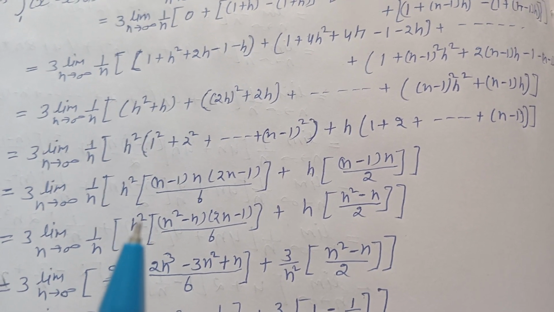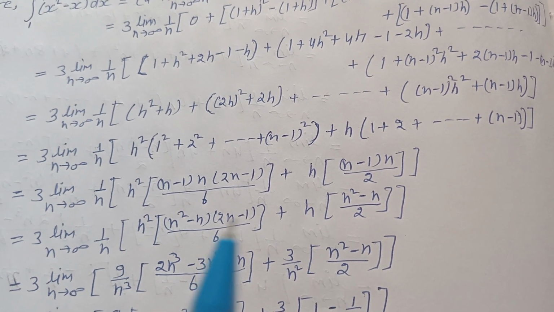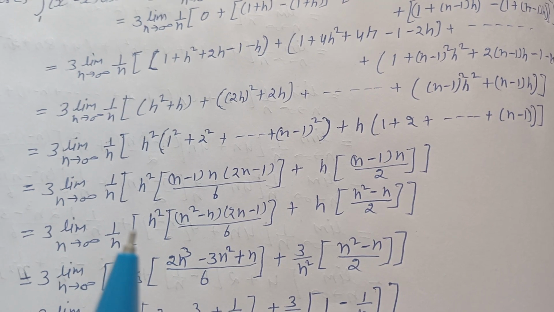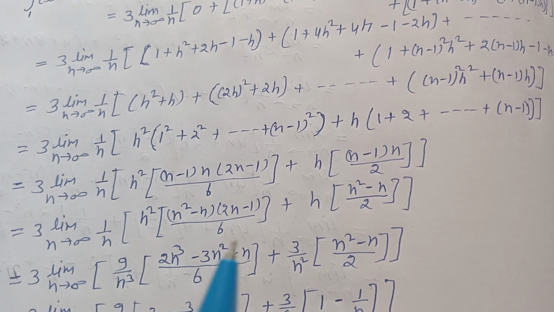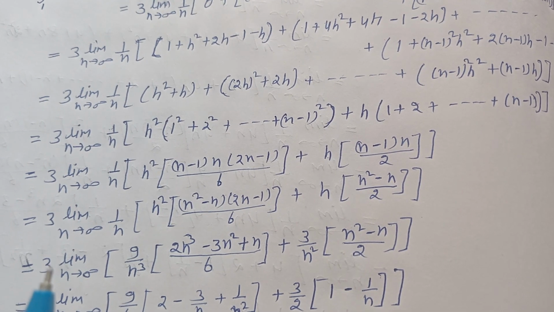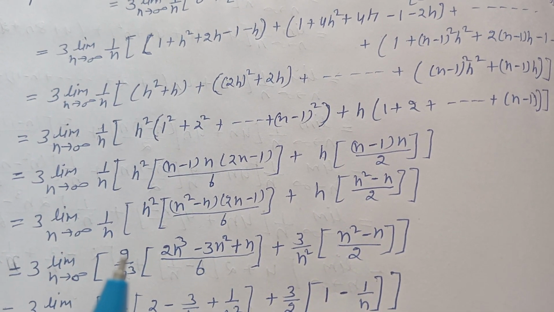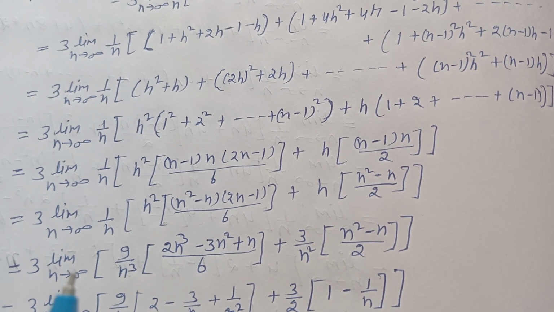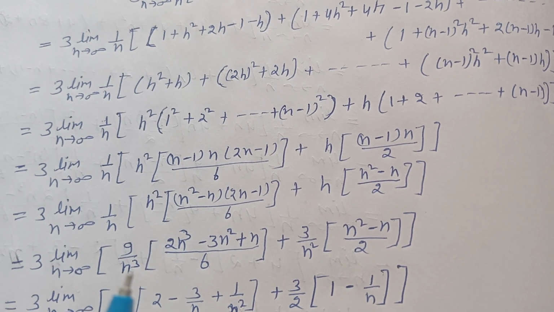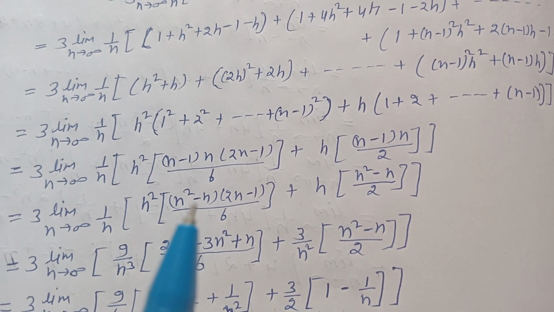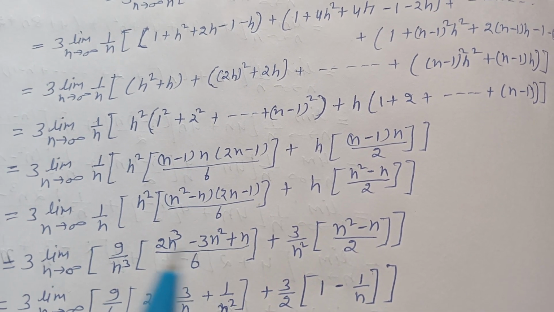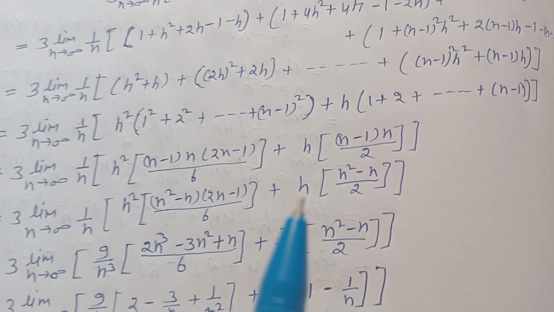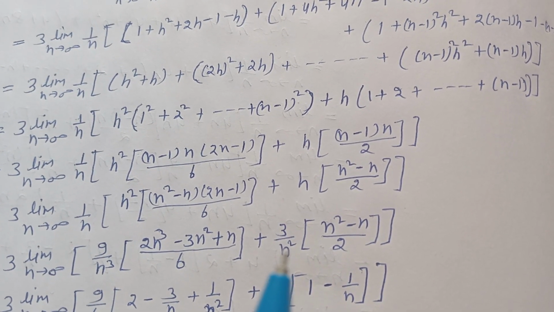Here put the h values in these two terms, so h value is 3 by n, and 1 upon n multiply inside the bracket, so it is equal to 3 limit n tends to infinity h square means (3 by n) whole square is 9 by n square, and 1 upon n multiply inside, so 9 upon n cube, and (n square minus n) multiplied to (2n minus 1) is 2n cube minus 3n square plus n, by 6, plus h value is 3 by n and 1 upon n multiply.